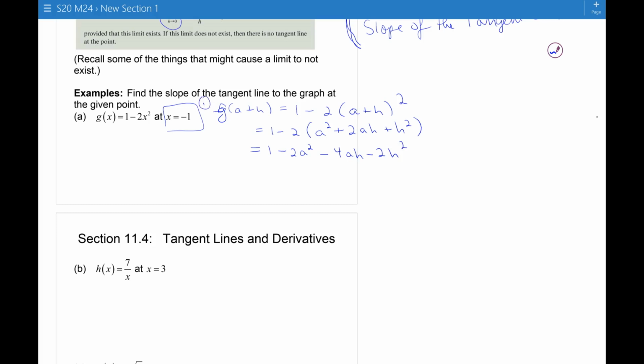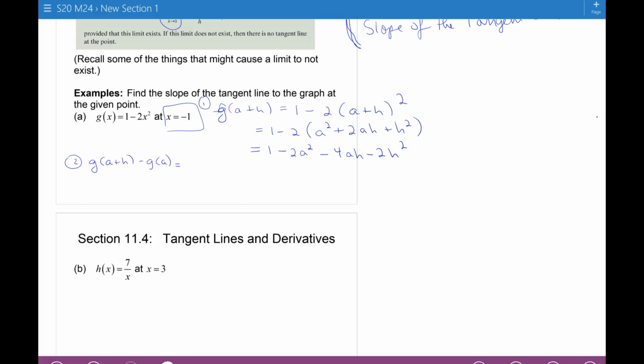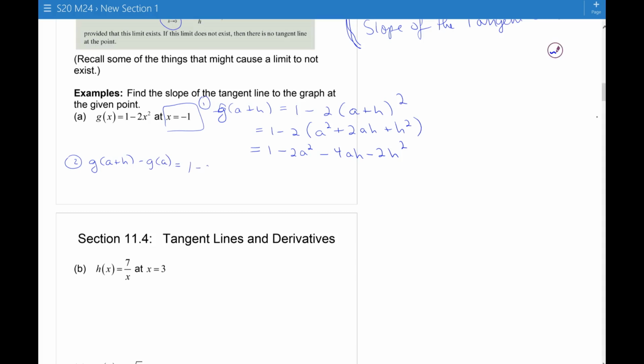So that was step 1. Then step 2 was let's do g of a plus h minus g of a. That part's the difference of the difference quotient. So I copy my 1 minus 2a squared minus 4ah minus 2h squared, that's g of a plus h, minus g of a, which is 1 minus 2a squared. So this I'm going to simplify: 1 minus 2a squared minus 4ah minus 2h squared minus 1 plus 2a squared.